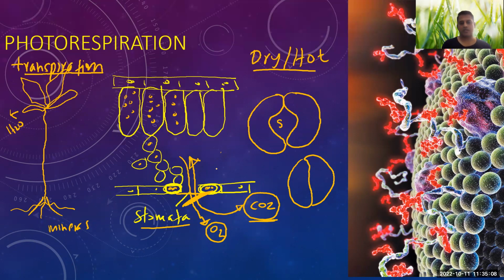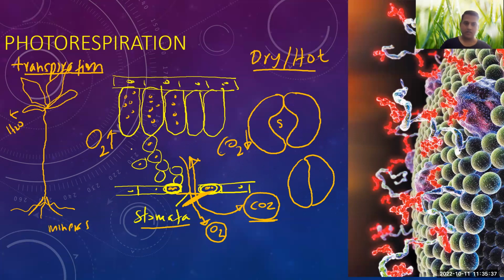It disturbs everything. So overall, the carbon dioxide level inside is decreasing, but photosynthesis also takes place. This creates a situation where the oxygen level increases relative to the carbon dioxide level, because when the stomata is closed, oxygen can't go out and gets trapped.